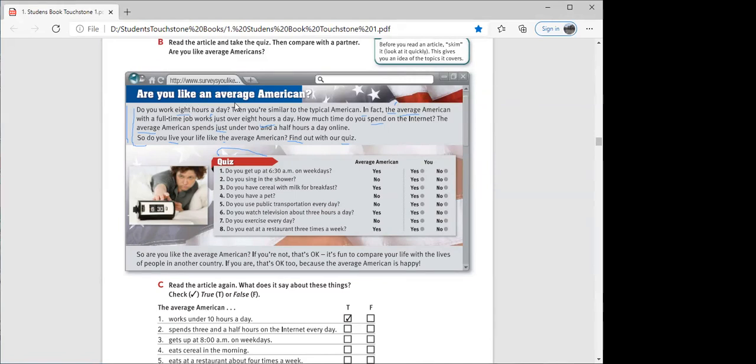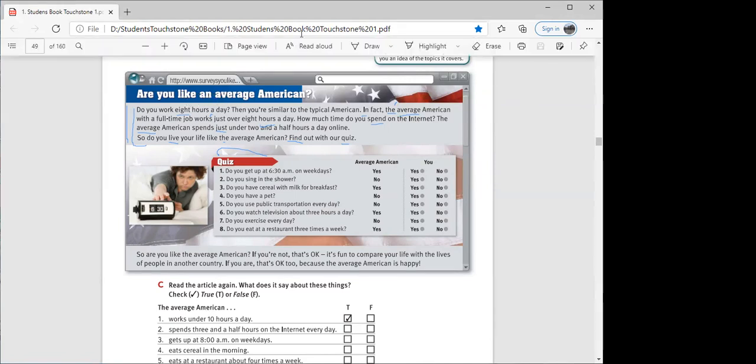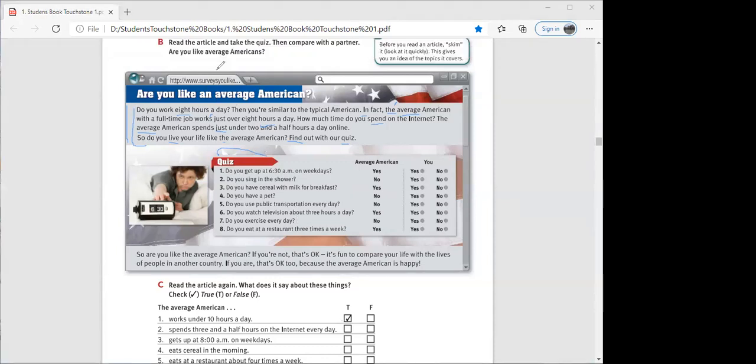Are you like an average American? Remember the intonation and the linking of the words. Let me show you. Are you like an average American? Average, together. An average, an average American.